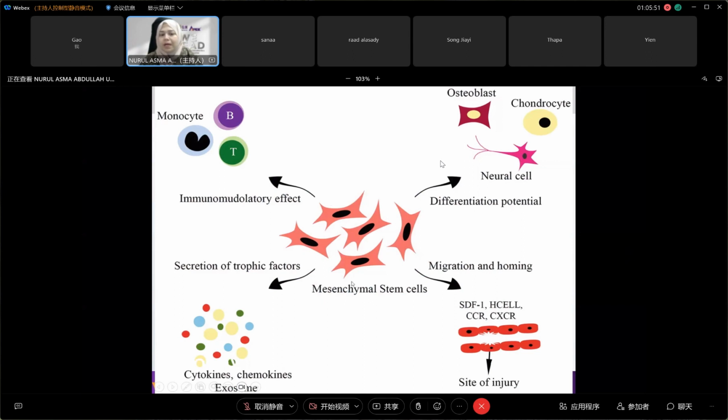Okay, so mesenchymal stem cells, other than the differentiation capacity into various types of cells, also secrete some immunomodulatory factors.